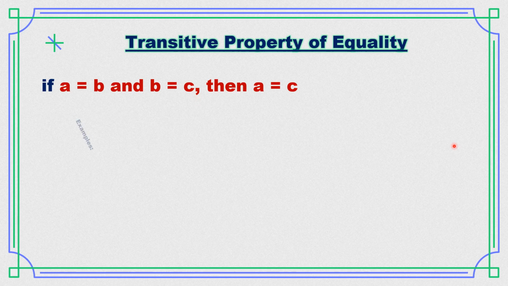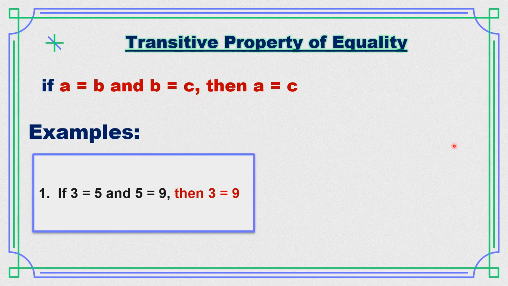Okay, for example, number 1, if 3 is equals to 5 and 5 is equals to 9, then ang magiging sagot na lang natin dyan ay 3 is equals to 9. Hindi na po natin kukopyain yung magkapareho. Ang kukunin lang natin si A at saka si C. Next.